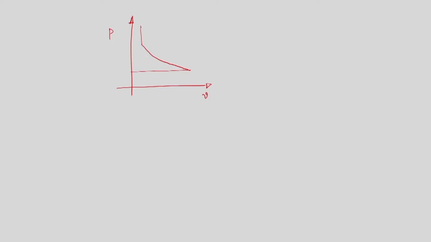Then again we have isentropic expansion, and then constant pressure heat rejection. Suppose this is process 1, 2, 3, 4, 5. This is heat rejection Q out, and this is Q in, which mimics the combustion process.